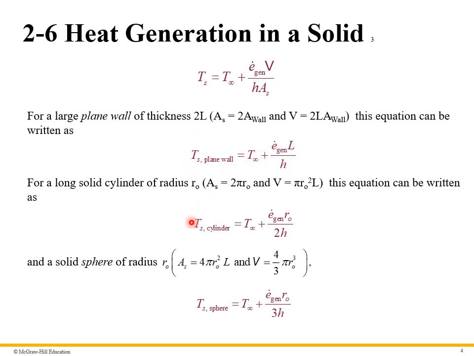Similarly, you can do the same thing for a long solid cylinder. The area is simply 2 pi r, and the volume is given by the equation here, substituted in this equation, and you end up with the temperature for a cylinder. And similarly, you can do the same thing for a sphere.